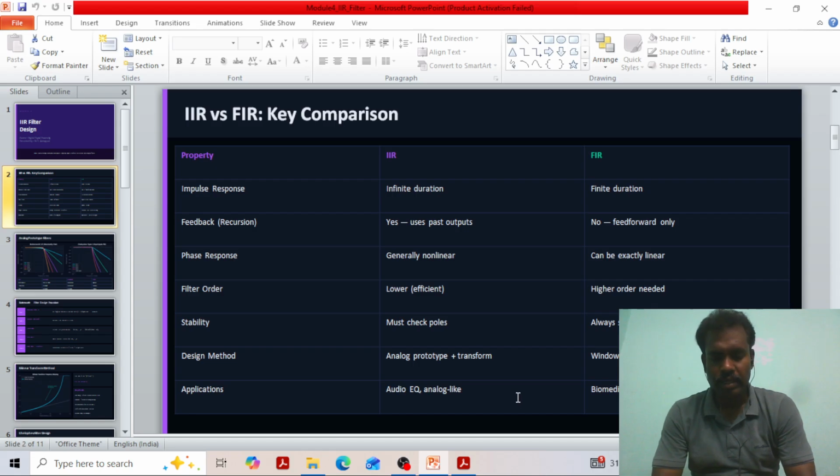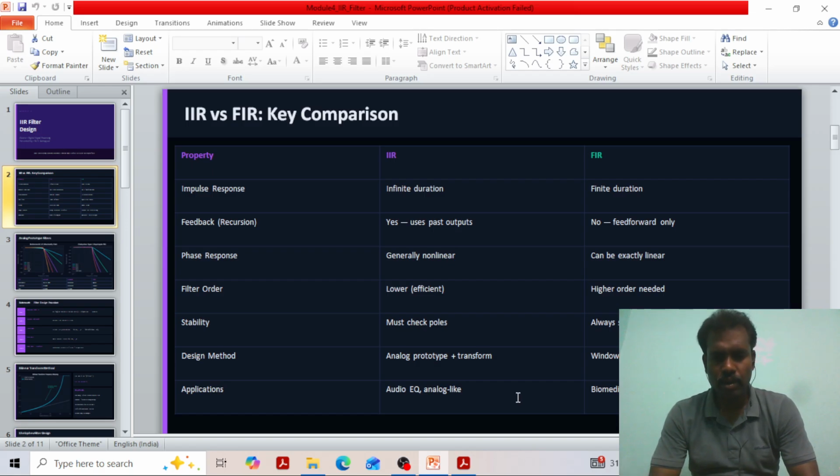And we want to follow some design methods to design any required filter. In FIR, we have methods called windowing techniques and the frequency sampling technique. Directly we can design a digital filter, but in IIR we cannot design the digital filter directly. We have to design an analog filter and then convert it into digital, because the impulse response has an infinite number of samples.